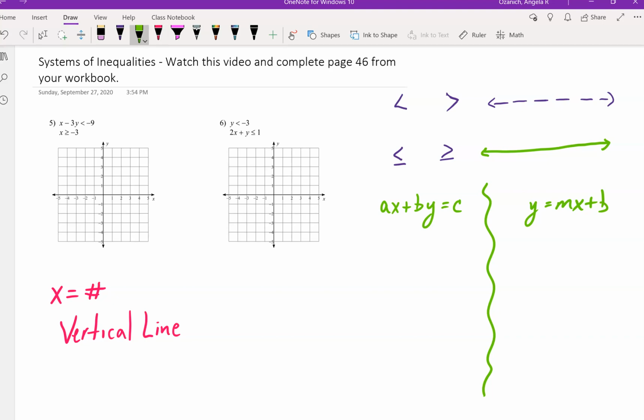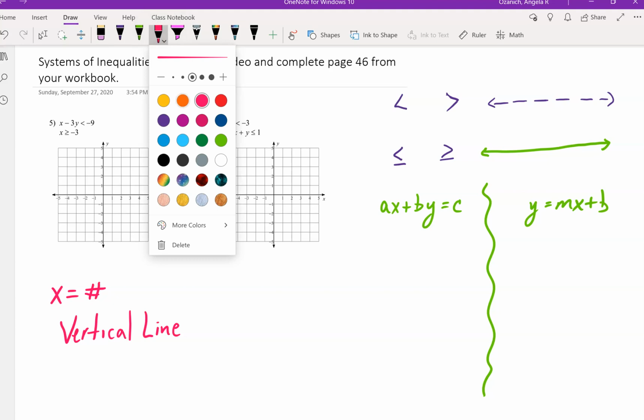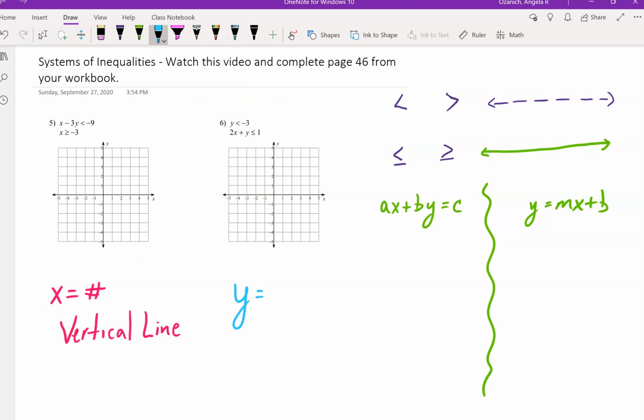And in addition, if we have y equals a number, so just x equals or y equals a number, is going to result in a horizontal line, and it is going to pass through the y-axis at that number.